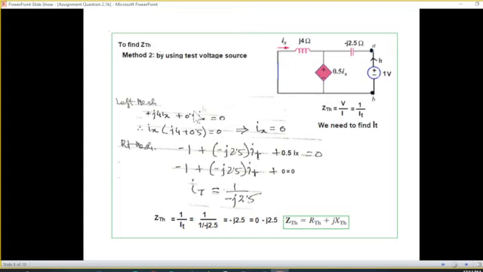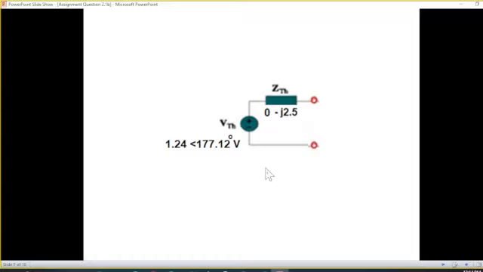Here also we take the left loop, I is 0, and then the right loop, putting the value of I0, I T is 1 over minus j2.5. So Z Thevenin is 1 over I T, and putting the value of I T, we get the same answer. Okay, so the Thevenin equivalent circuit now will be the voltage source and the impedance we have found. This is the answer of part 1.